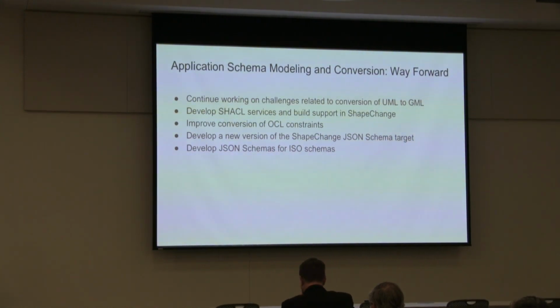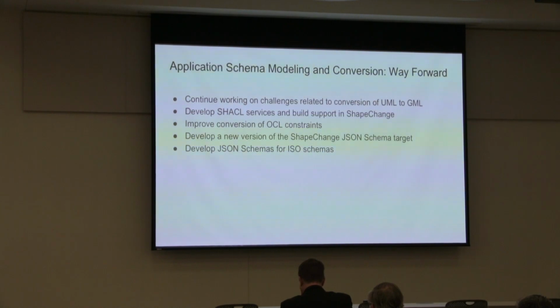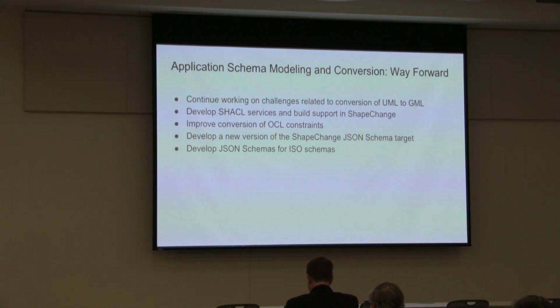Also, we want to advance the use of SHACL as related to OCL constraints, which are different ways to encode rules, to be able to do this transformation from one model format to another, improve conversion of OCL constraints to other rules, for example Schematron and OWL, and extend the use of ShapeChange to better support JSON schemas.